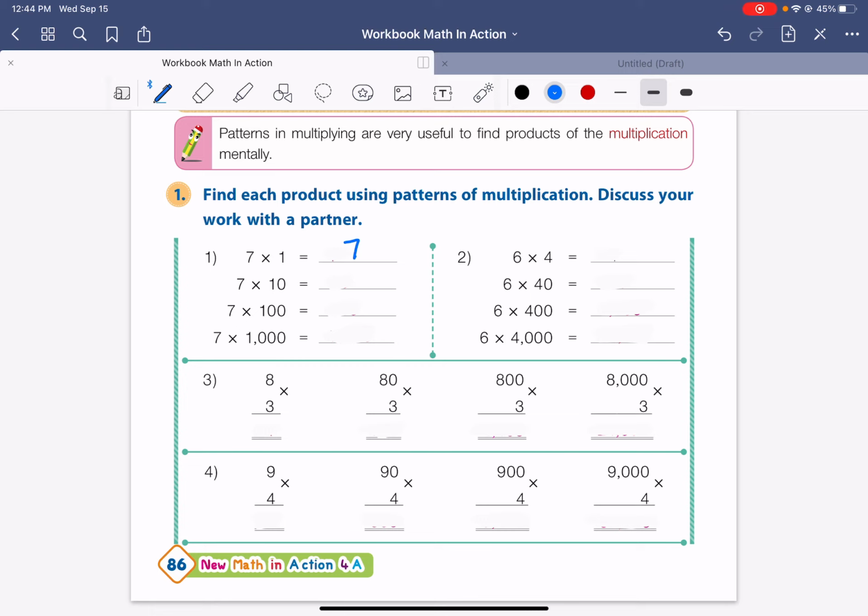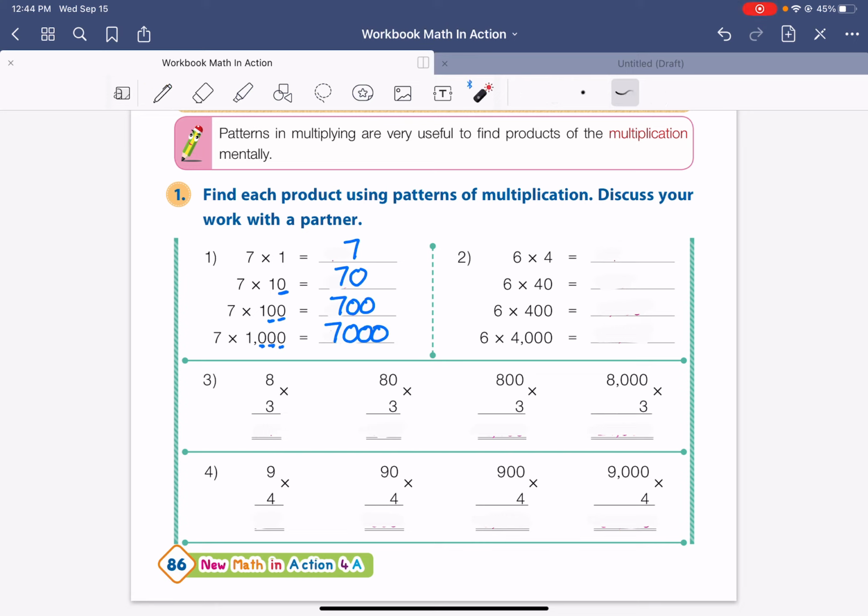We have 1 zero. We have a zeros trick, right? How many zeros we have, we're gonna add them back. 7 times 10, we have 1 zero, so we're gonna add it back. 7 times 100, we have 2 zeros. 7 times 1,000, we have 3 zeros. 1, 2, 3.